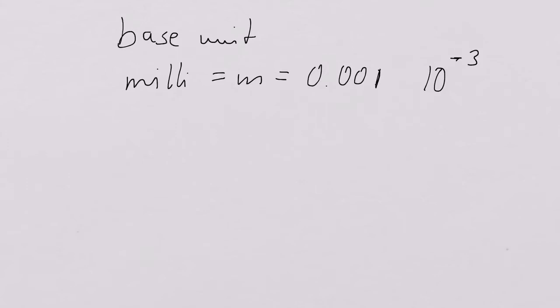Do you actually know how you get to this number, minus 3? How do I know that it's minus 3? I can move the decimal place. Have you seen this trick? Where you say, all right, I've got my decimal place here.